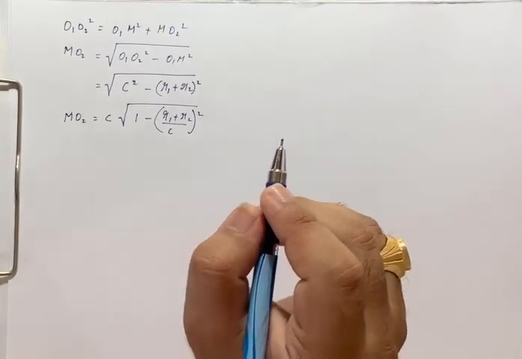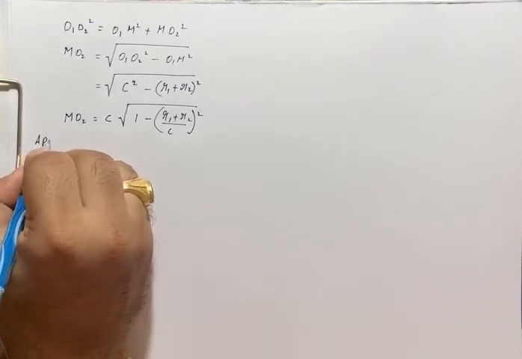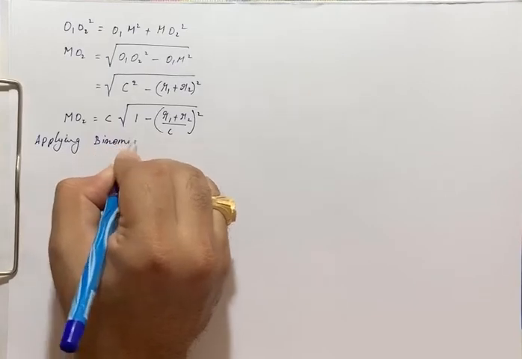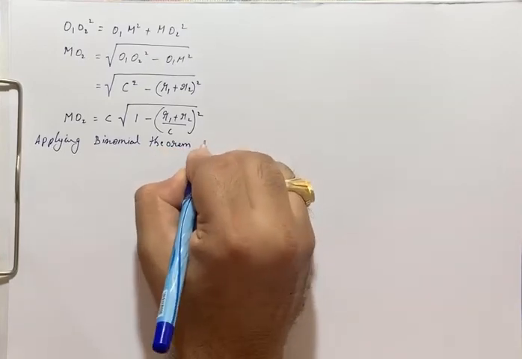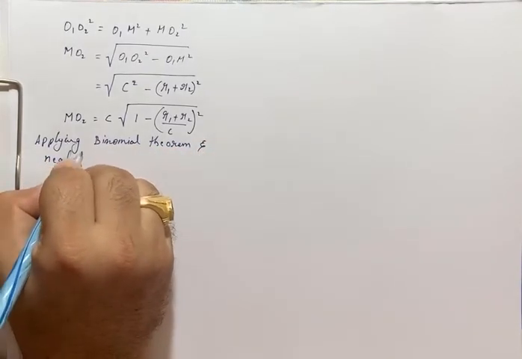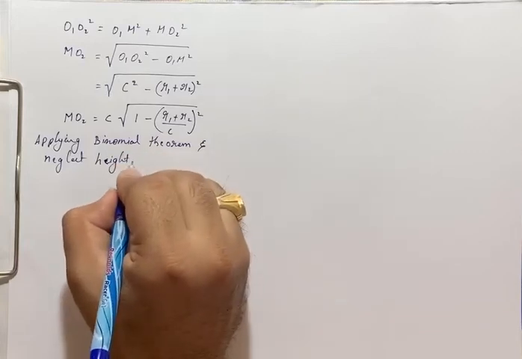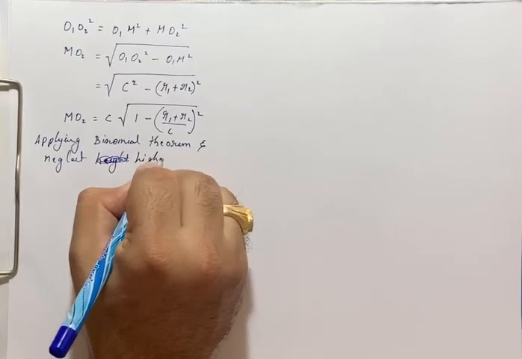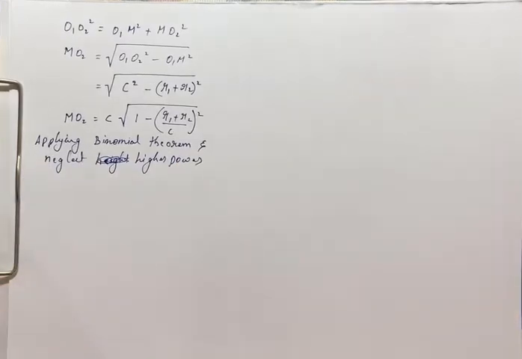Now after this, the same thing, we will be applying the binomial theorem for this and we will be neglecting the higher powers here, right.